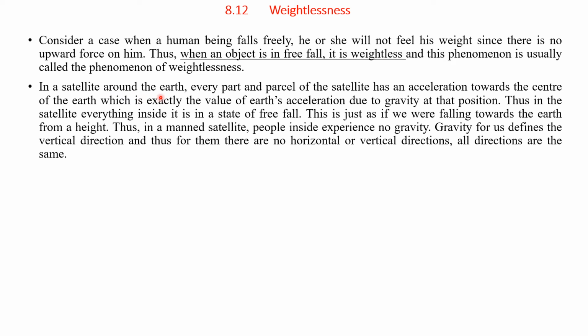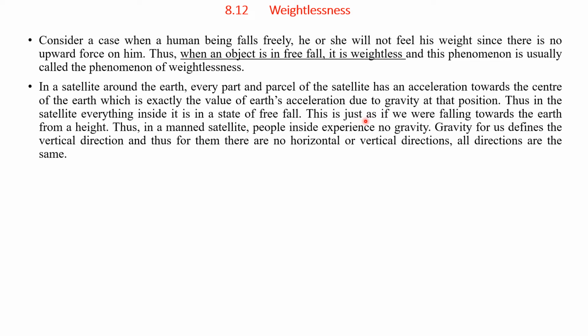In a satellite around the Earth, every part and parcel of the satellite has an acceleration towards the center of the Earth, which is exactly the value of Earth's acceleration due to gravity at that position. Thus, in the satellite, everything inside it is in a state of free fall.